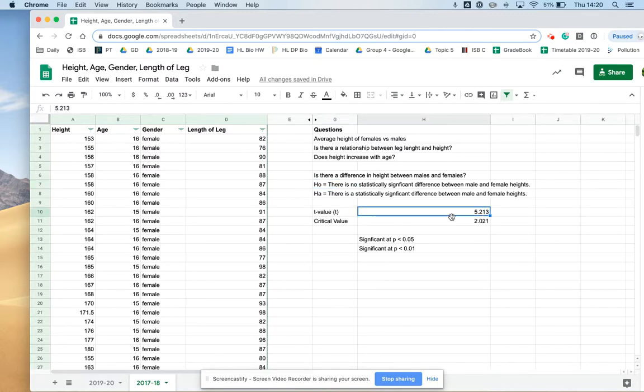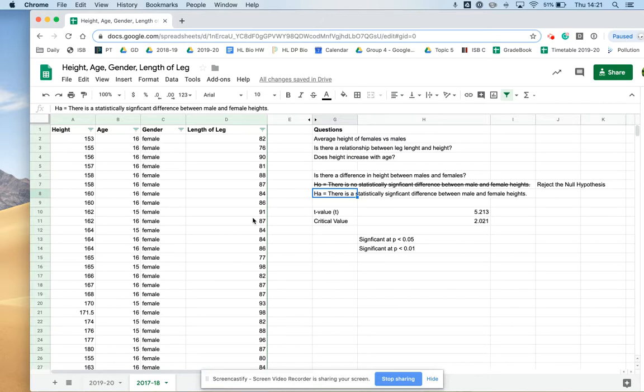But because this value is bigger, what we end up doing here is we reject that one, okay? So we reject the null hypothesis, and we accept the alternative hypothesis. So what we're saying is there is a statistically significant difference between male and female heights, okay?